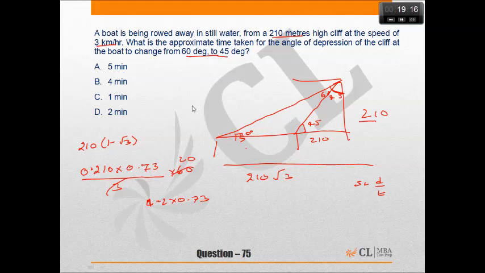So 0.21 kilometer, 210 meters, yeah. So it is 0.2 into 0.73 upon 3 into 60. Yeah, this is fine. It's not going to be exact, so I'll take my chance.